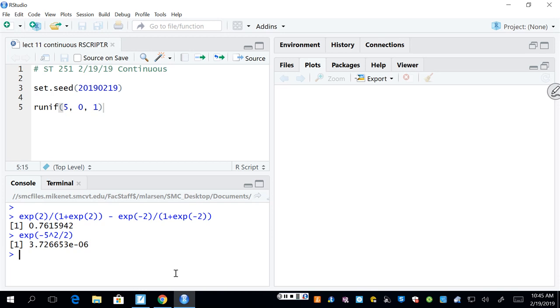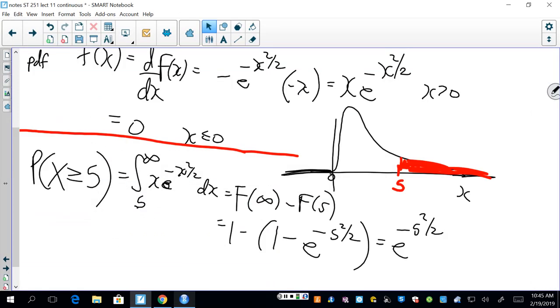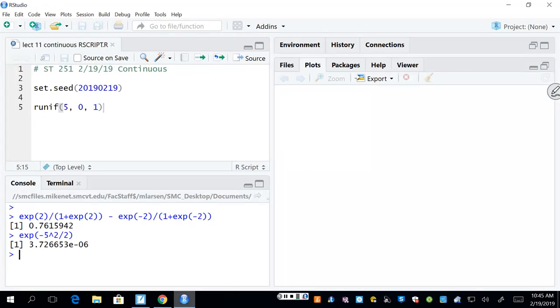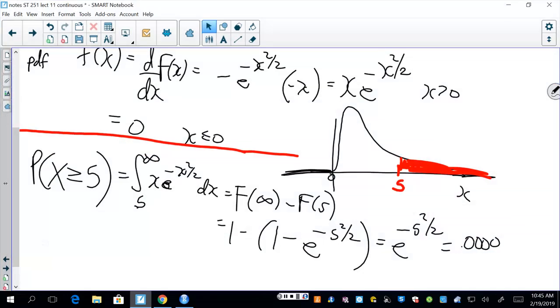Really quite small. So this is about 0.000004, so 0, 0, 0. How many zeros? 1, 2, 3, 4, 5, and then a 4.